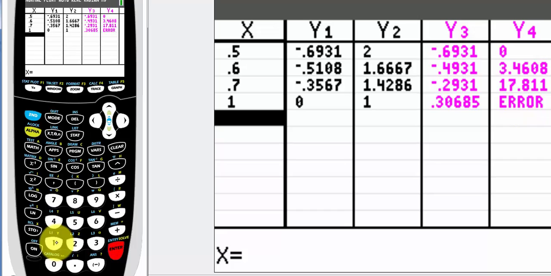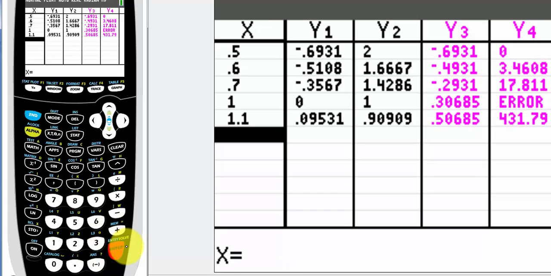So actually, let's take one that is right past 1, so 1.1. Okay, look, the exact value is 0.09. The tangent line approximation will give you a 0.50, and the error is now 400%. You see, the further away you go from 0.5, the larger the error. Why is that?